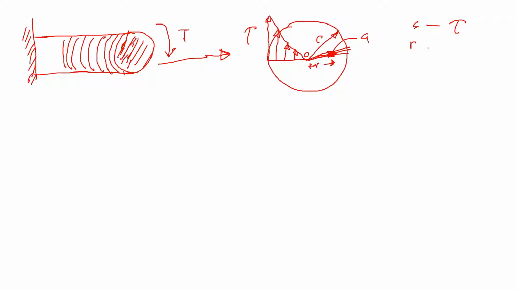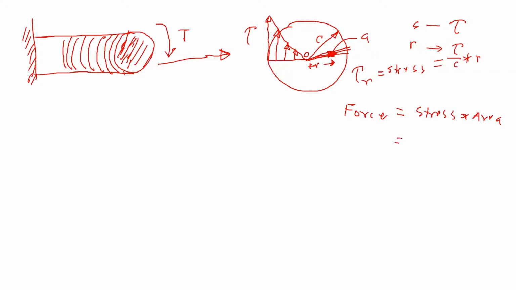So at R distance it will be tau by C times R. So that will be the shear stress at R distance. So if we have the stress, now we can calculate the force. Force is equal to stress times area.